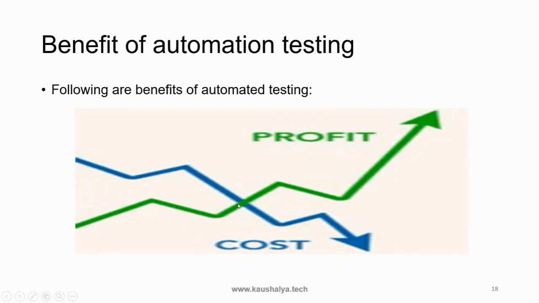Once your team has good skilled automation testers, you can implement this for many projects, and automatically the profit will increase. So initially there will be a lot of investment, and then once we execute many projects, obviously there will be break even.